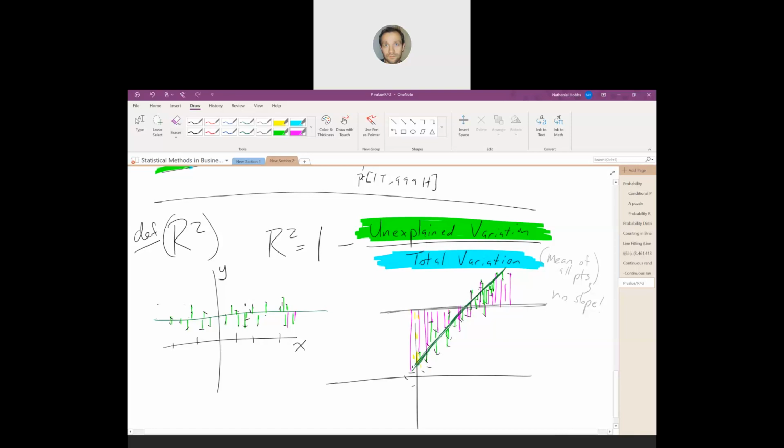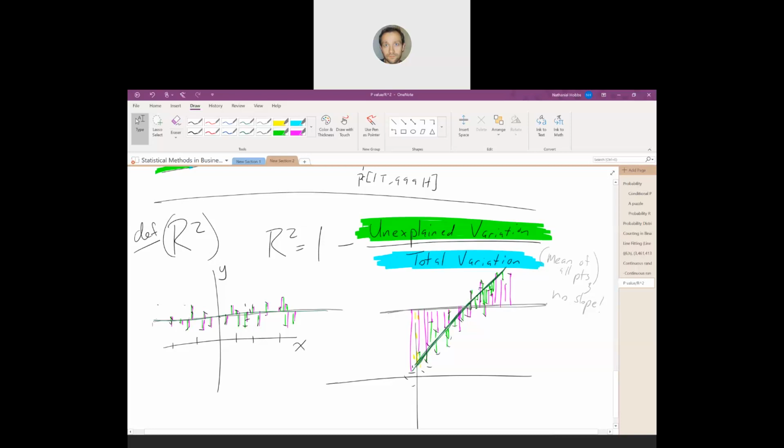Here, they're the same, basically. Okay, so this is what it means to vary. And here, your hypothesis and the mean are basically the same line. Here, they're very different. And it's 1 minus this.